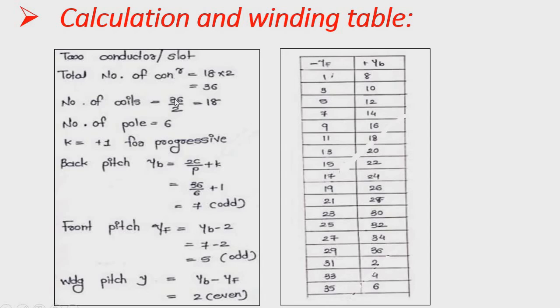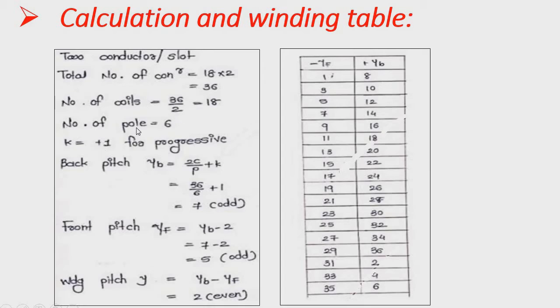So total number of conductors we can find by 18, which is the number of slots, multiplied by 2, because in each slot there are 2 conductors. So total number of conductors is equal to 36. From these 36 conductors we can find the number of coils: 36 by 2 is equal to 18 coils, because we know that a coil consists of 2 conductors.